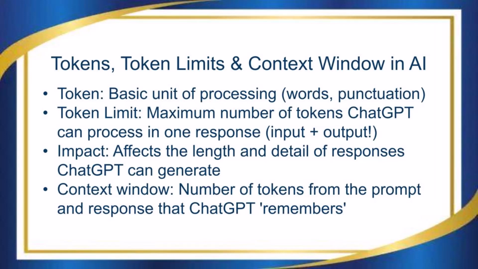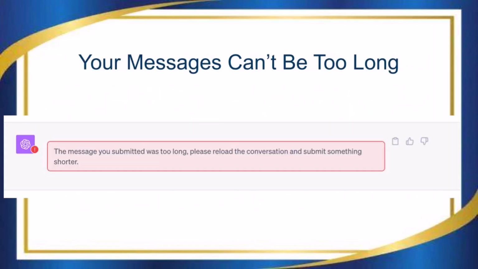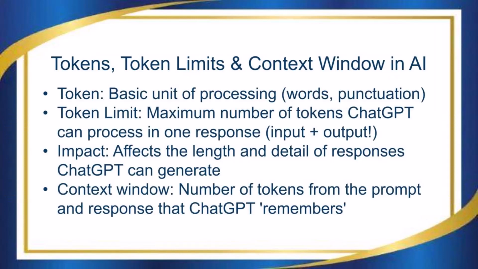Or if your input is already beyond the token limit, then ChatGPT will not be able to give you any output, and you're going to get this error message. If your input is longer than the token limit, you will get this error message and you don't get an output. So in that case, you need a shorter prompt to get an actual output, because the token limit is calculated by input plus output.